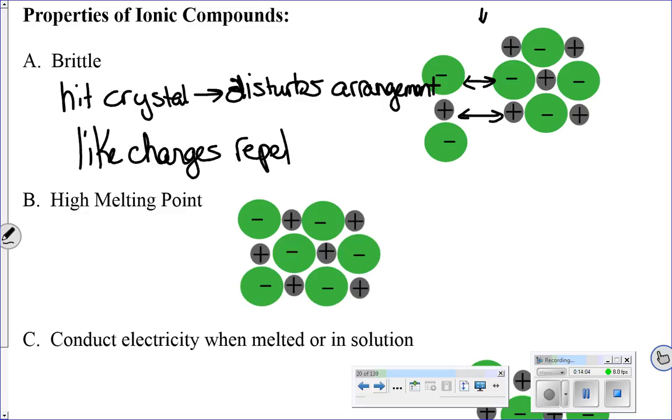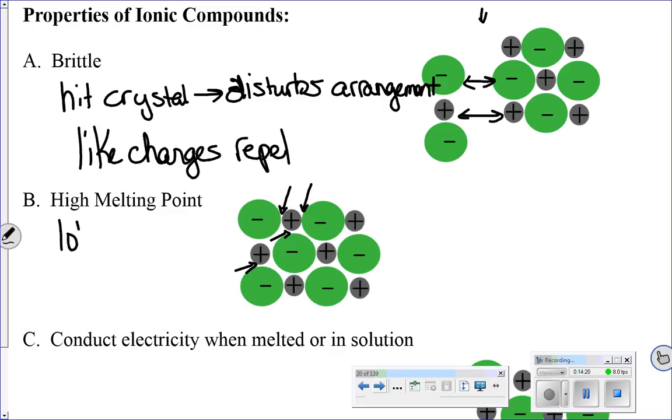However, they do have a high melting point. In order to melt an ionic compound, it takes ridiculously high temperatures because there are attractions here and here and here. And in 3D, there are tons and tons of attractions.